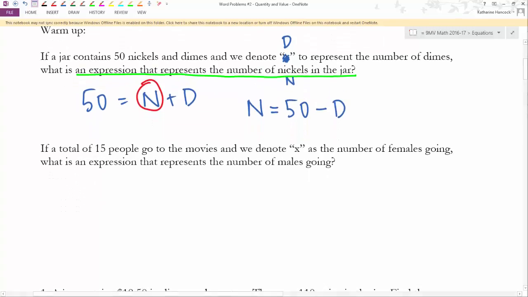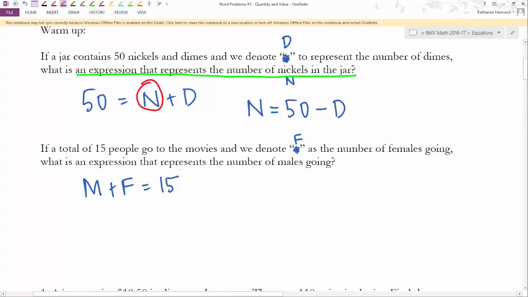So for the second question, if a total of 15 people go to the movies and we denote X as the number of females going, again, I'm going to switch that to an F. What is an expression that represents the number of males going? So the number of males plus the number of females equals 15.